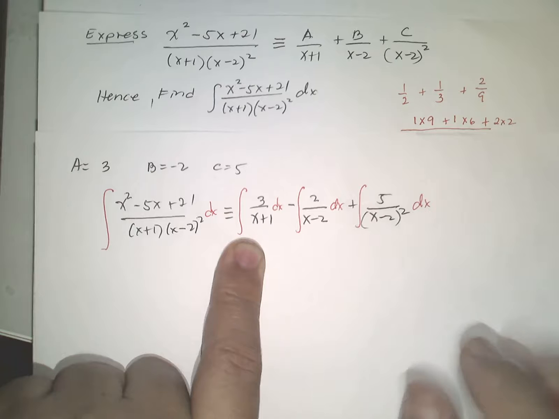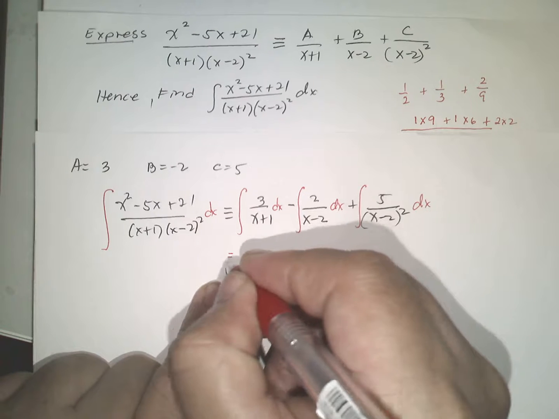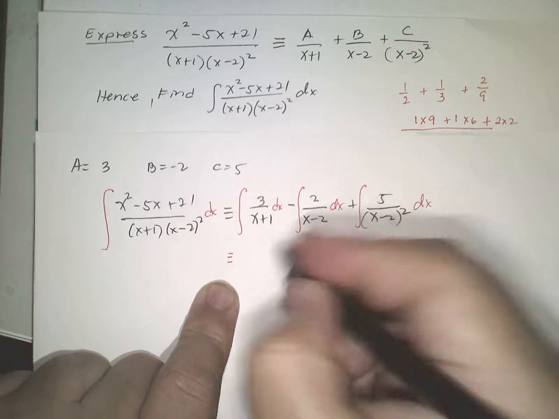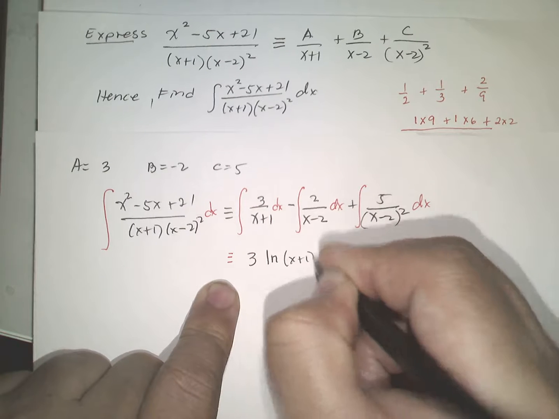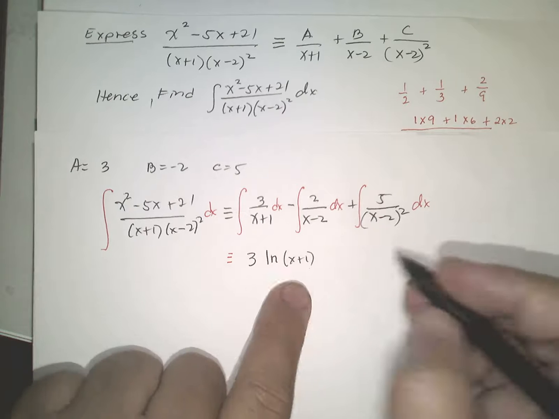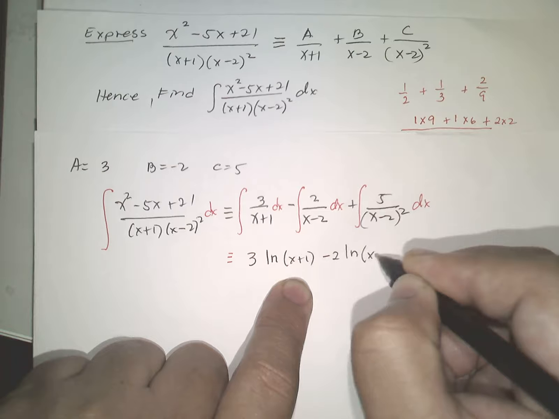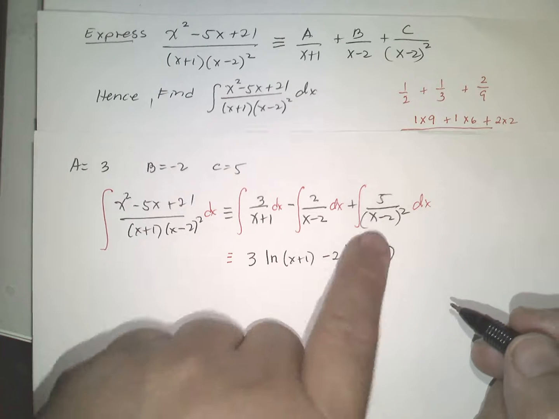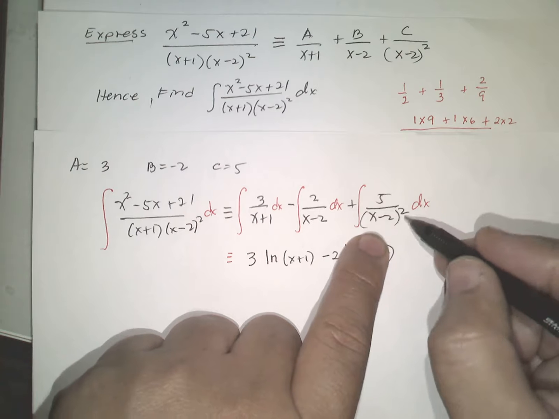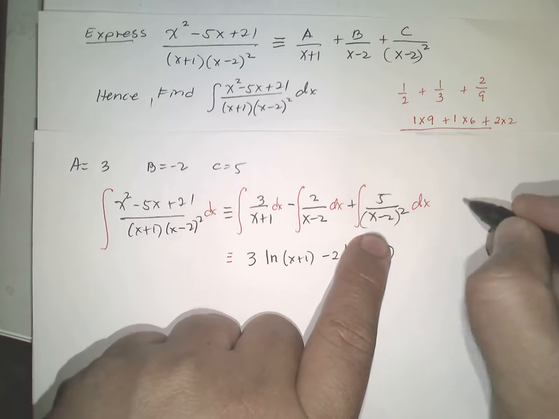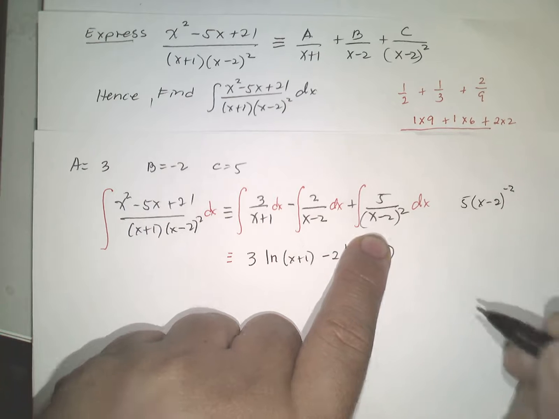So now, what's the integral of 3 over x plus 1? Based from lesson number 4, that is actually 3 times the natural logarithm of x plus 1. So this one is minus 2 times the natural logarithm of x minus 2. And then this one is second power, so therefore it could be written as 5 times x minus 2 raised to negative 2.